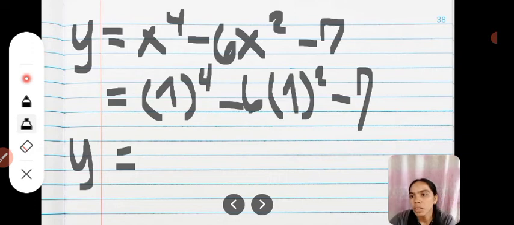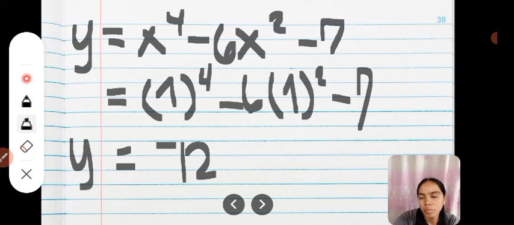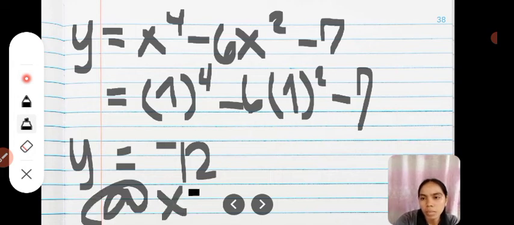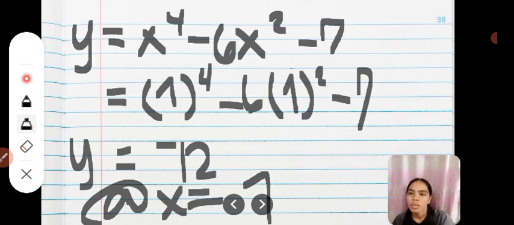And then our answer is negative 12. That is for x is equals to positive 1. So our point there is 1 and negative 12.